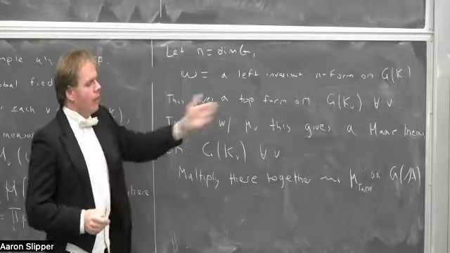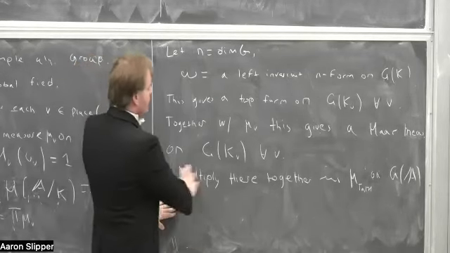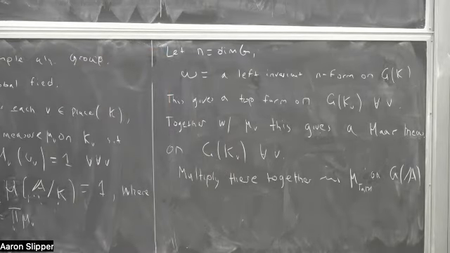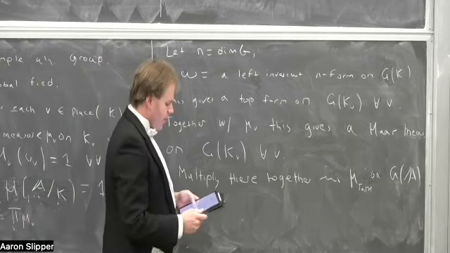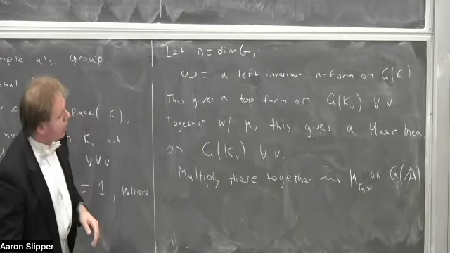These give you top forms over each completion, and that in turn gives you a measure on the v-adic points of G for every v. And then the product of all these measures. This is all to come up with a sort of canonical measure on the adelic points.